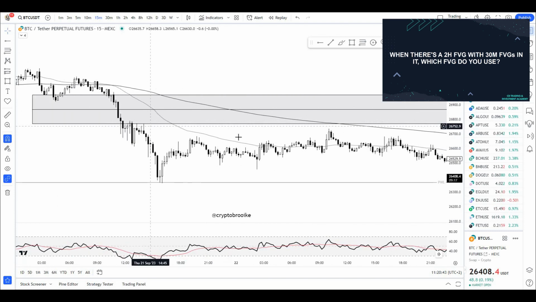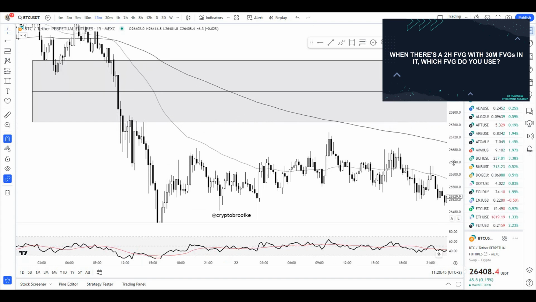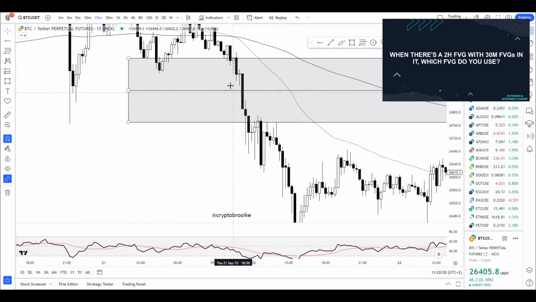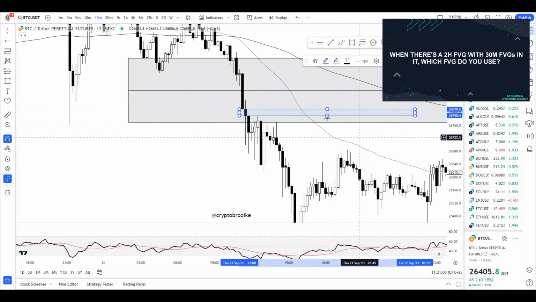As you can see, if I zoom in, this is the 4-hour, but as you can see, there is also a small fair value gap here, which was still open. So this is considered filled, and this is still not totally filled, only to the 0.5.